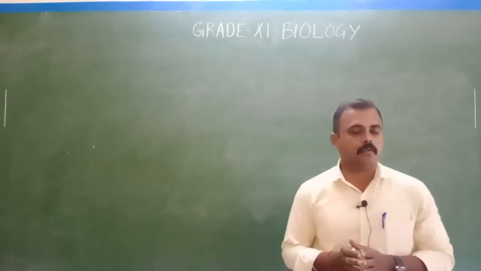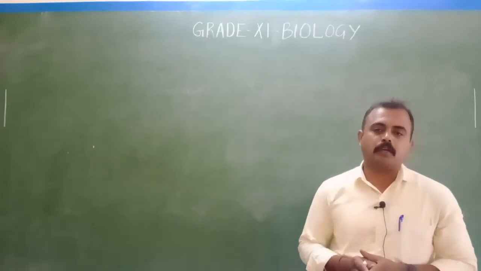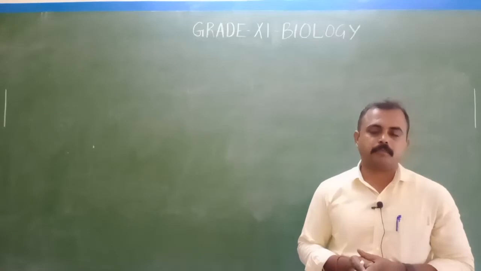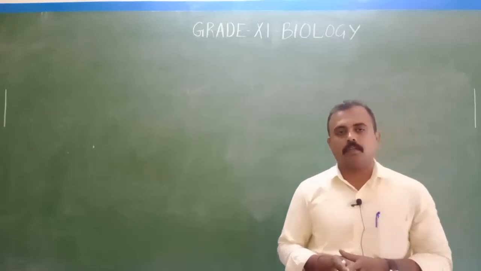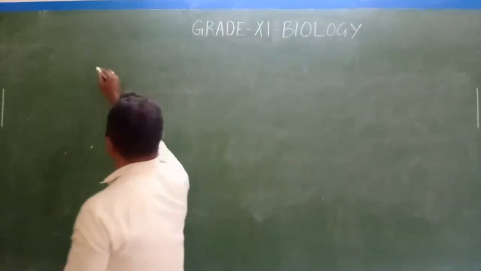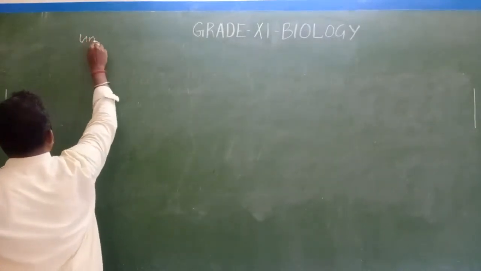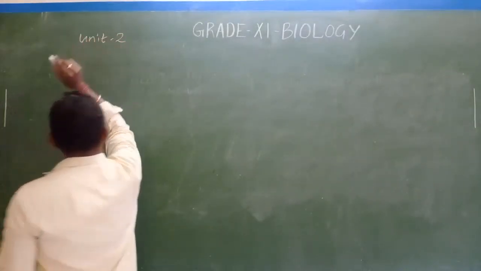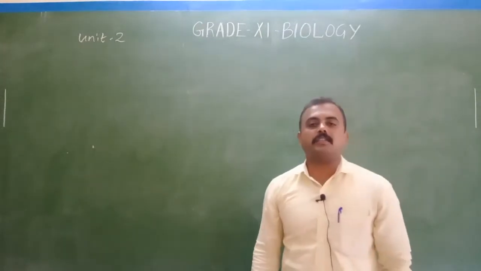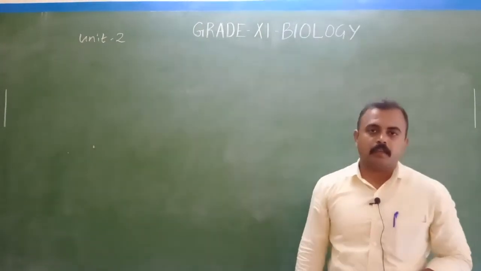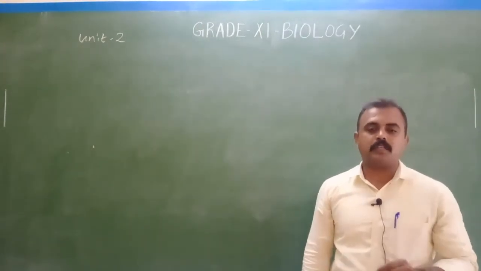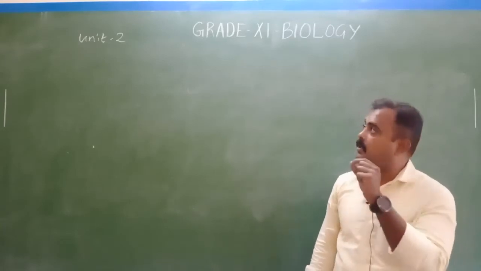Now we are going to enter into a new chapter in a new unit. The unit is 2: Structural organization in plants and animals. That is the unit name.